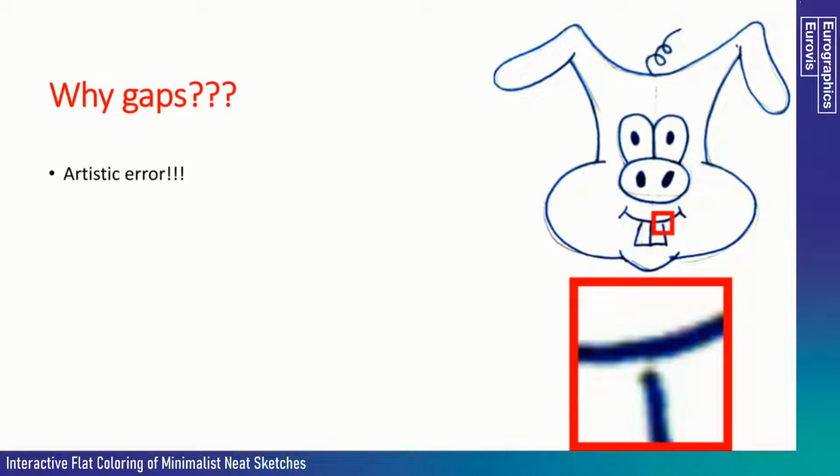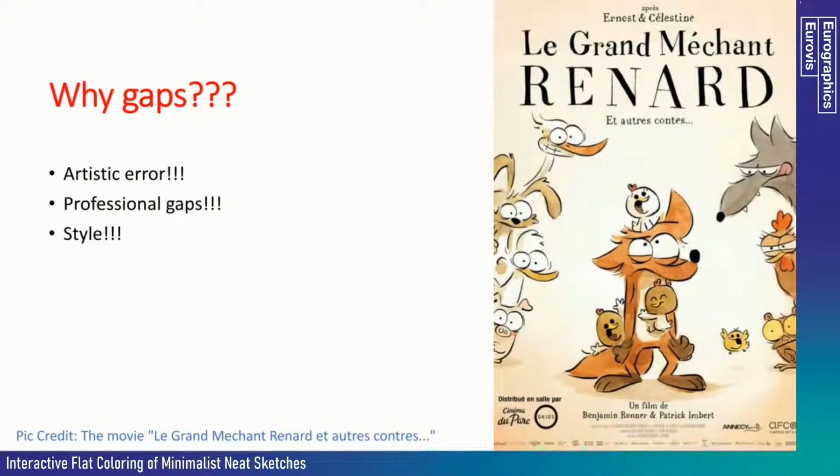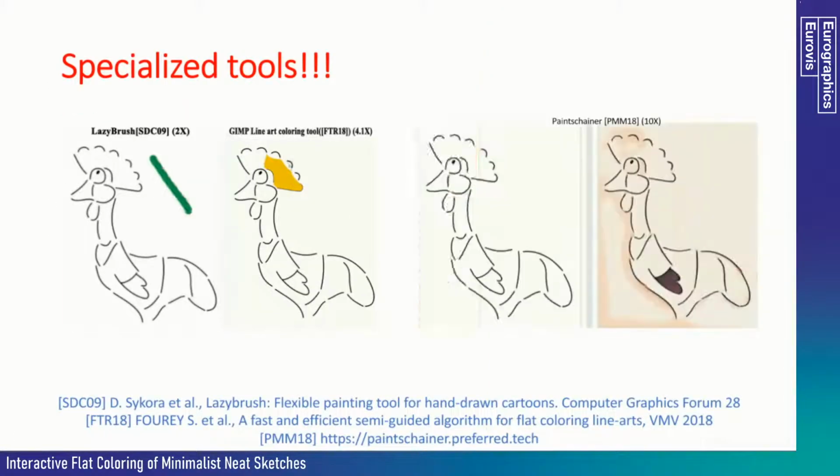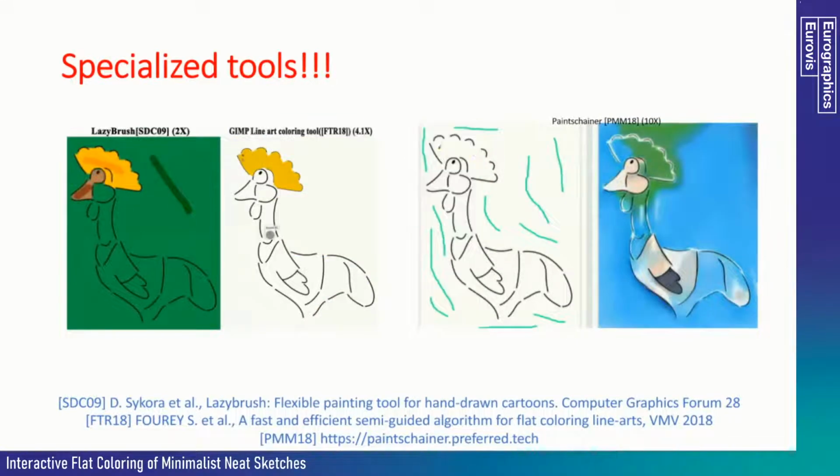As an error from the artist, where he forgets to close gaps, or as a professional gap to simulate the light reflecting off an object, or as an artistic style. There are a few existing tools to do the coloring of sketches with gaps.